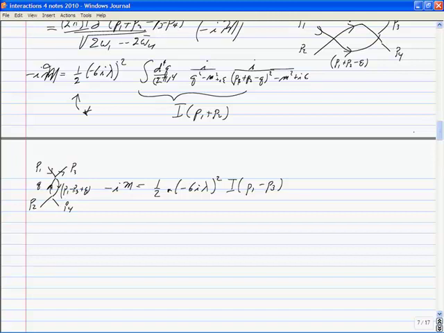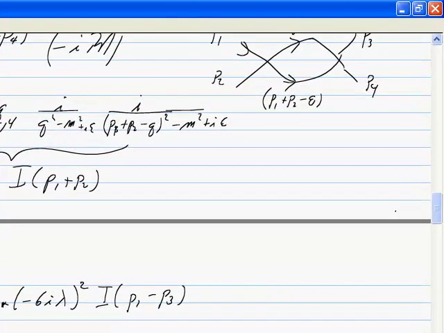If I draw the arrow down, it's minus that if I draw it up. So the factor that sits in the other propagator is q minus (p1 minus p3). So it's a function of p1 minus p3. It's the same function.